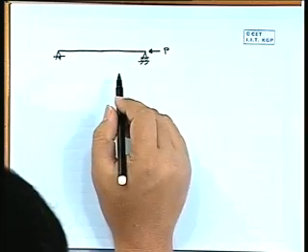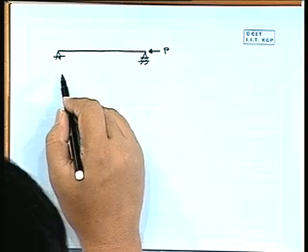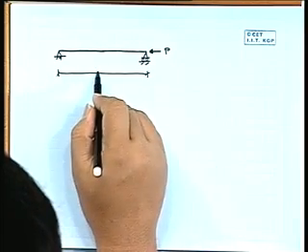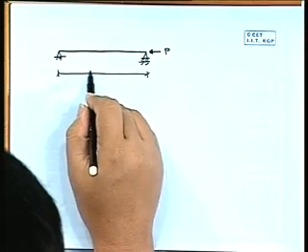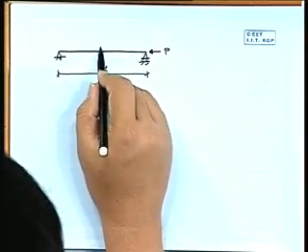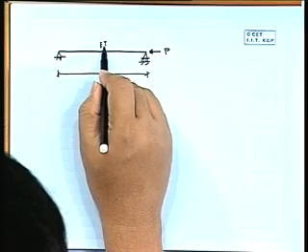Now the length we can take is L, and we can take the member's flexural rigidity as EI.